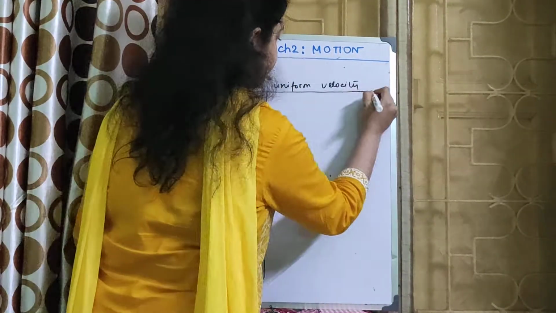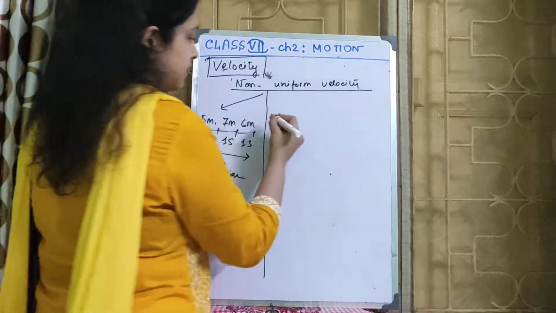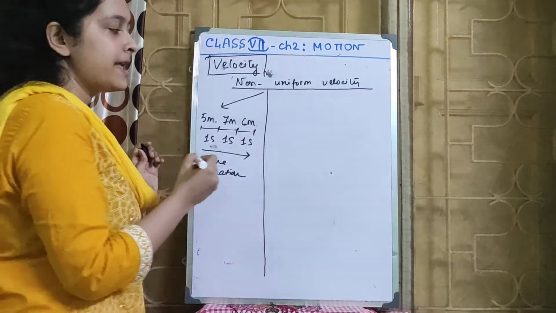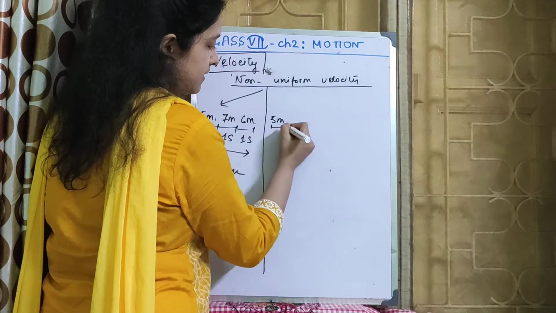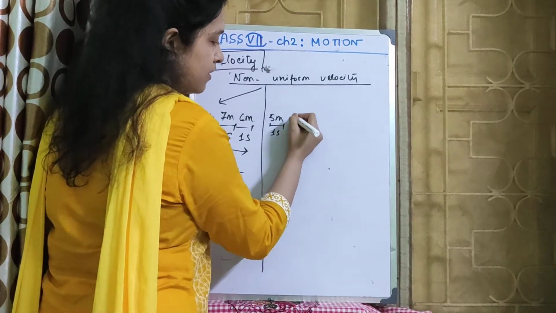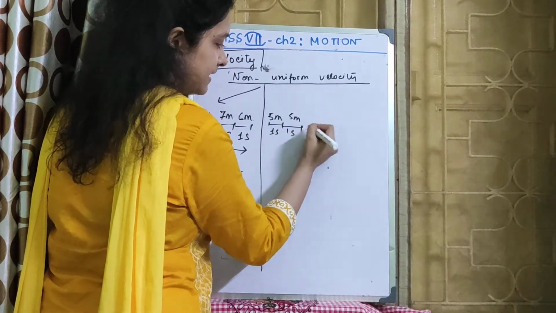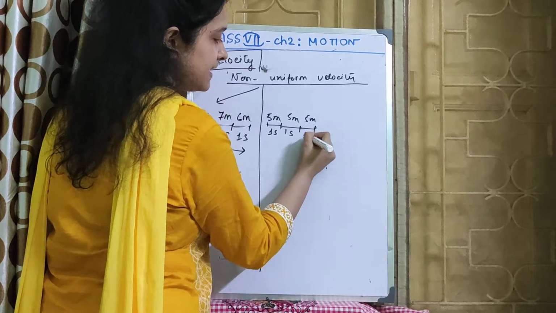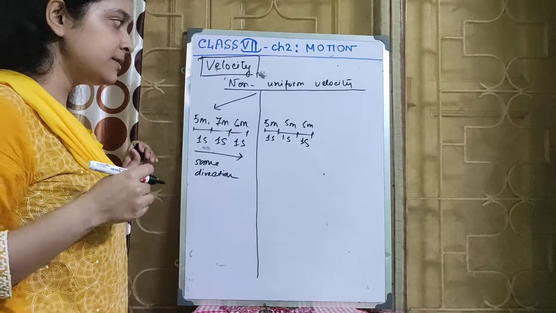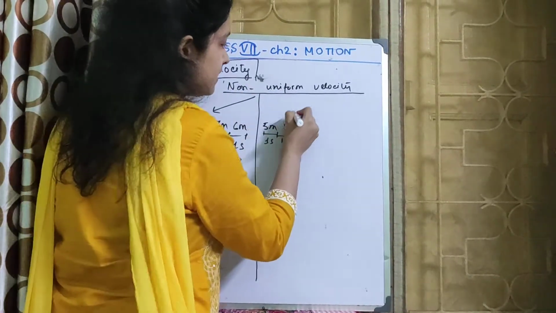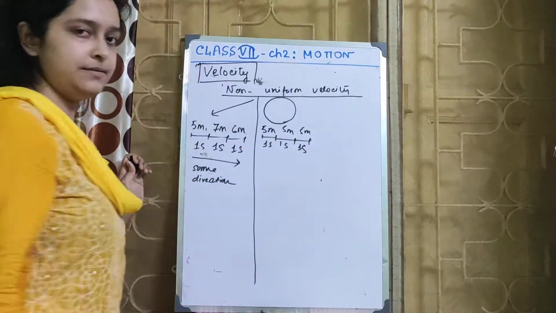Another case: say you are traveling 5 meter in 1 second, 5 meter in the next second, again 5 meter in the next second, but the direction keeps on changing. How is that possible? For example, you are moving in a circular path.